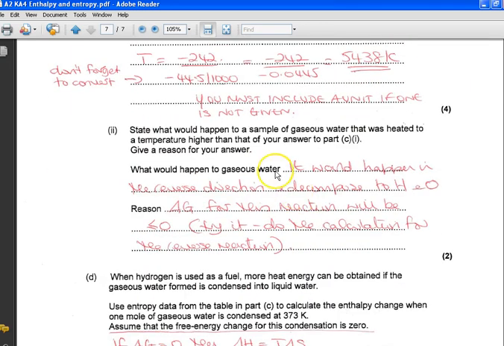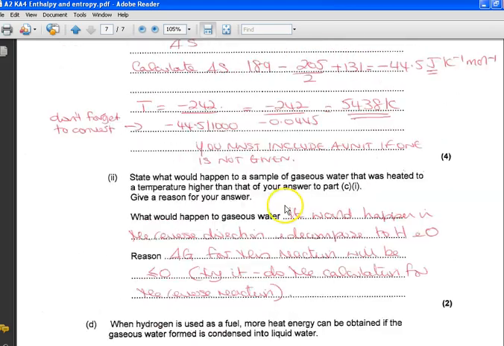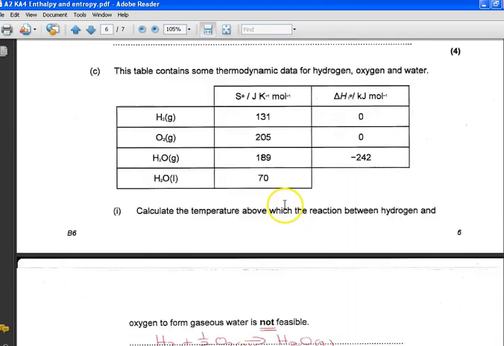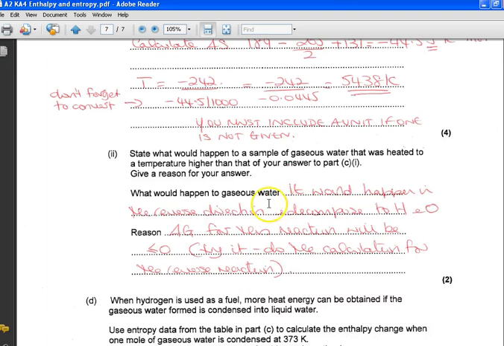And then the last part of part C of this question: state what would happen to a sample of gaseous water that was heated to a temperature higher than 5,438 K, and give a reason.